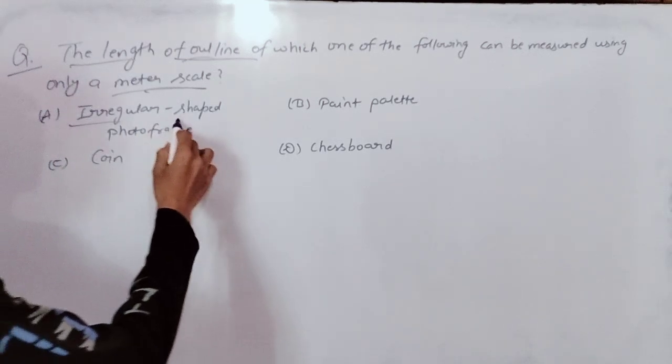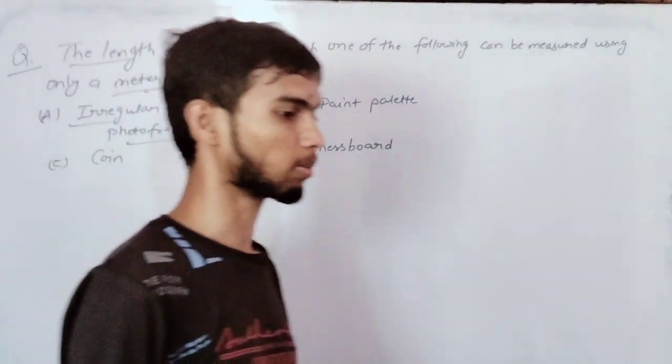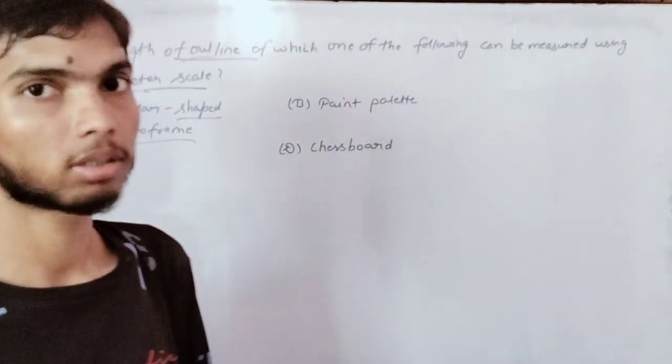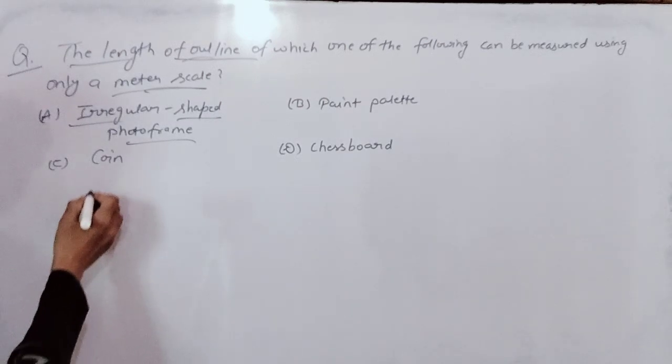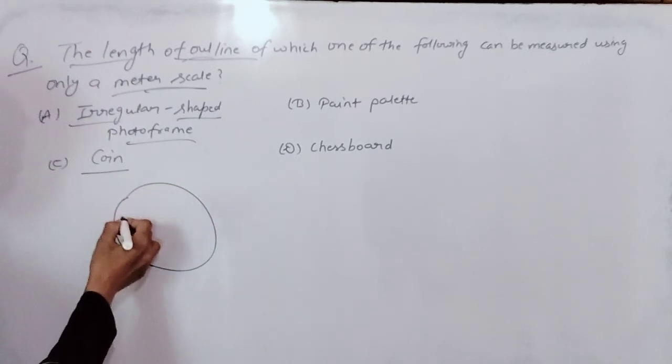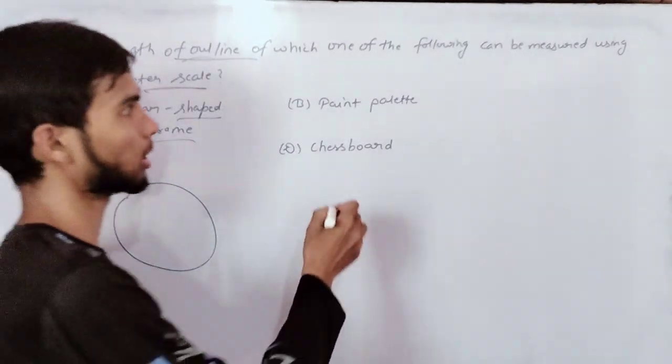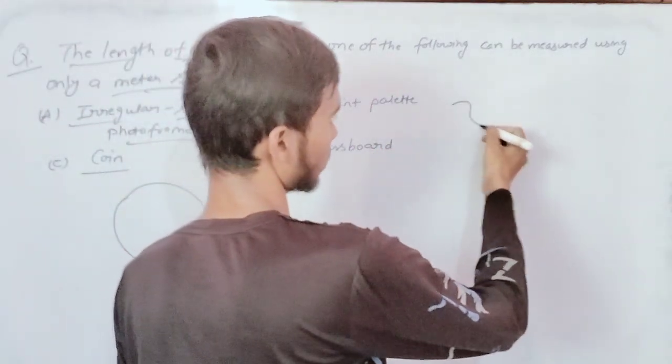So, an irregular shaped photo frame. Irregular, not regular shaped, which means the surface outline of a photo frame is rough. Okay. A coin looks like this, circular. A paint plate looks like this.